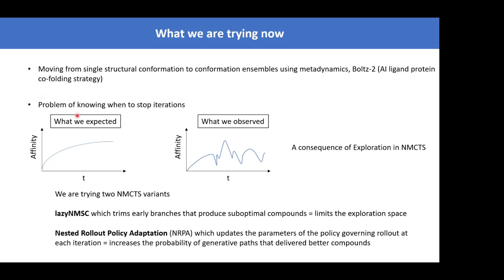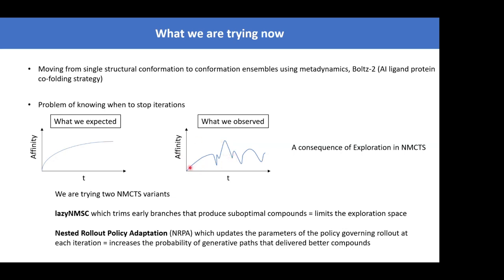We're also trying to address a problem that we discovered as we developed this algorithm. What we expected would happen is that with time, so with an increased number of cycles, we would see the affinity of the compounds generated just smoothly progress until they plateau. And I told you, we reach convergence and we decide, okay, this is the best that we can have. In fact, what we observe is something more like this.